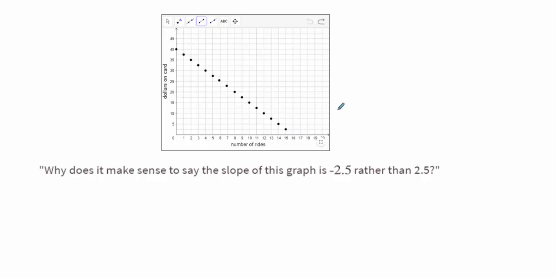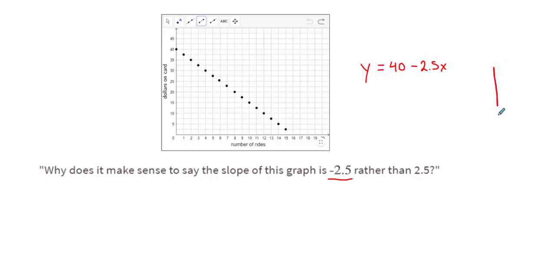Another person referred back to the expression for dollars on a card, and the dollars on the card on the y-axis is equal to 40, the original amount on the card, minus 2.5 times however many rides you take. So they said, since we are subtracting money from the card, then it makes sense that the slope is negative 2.5.